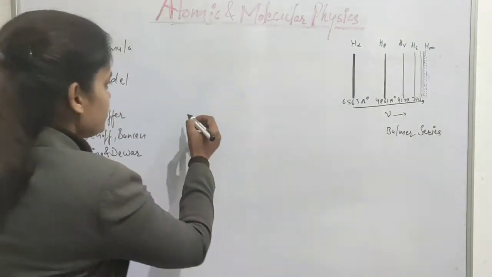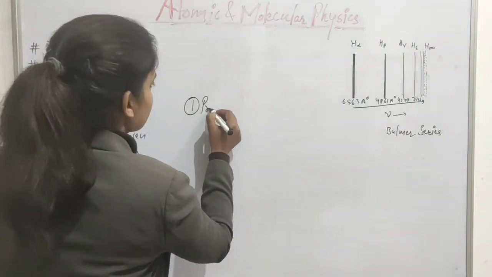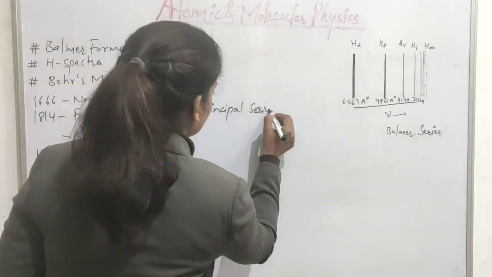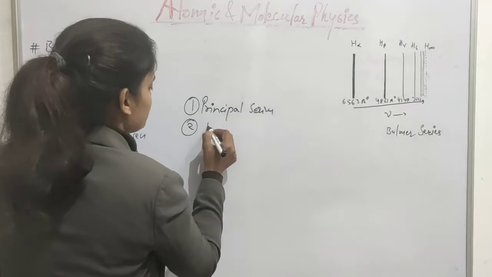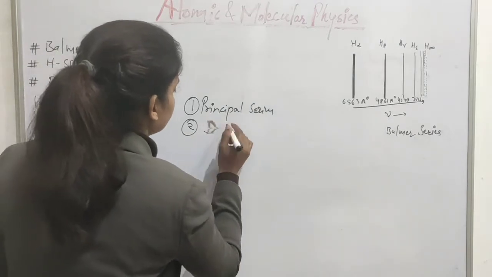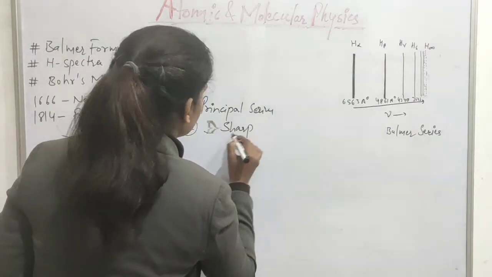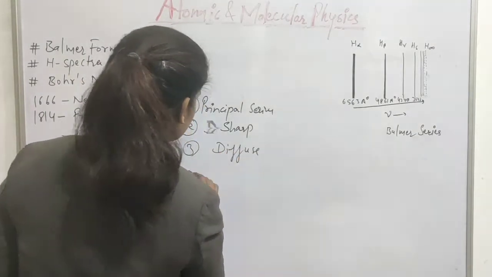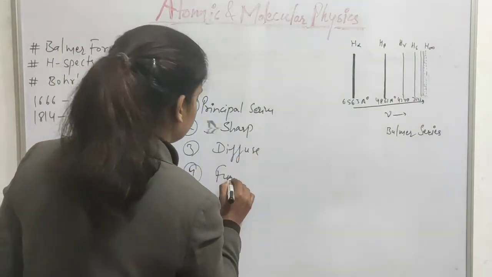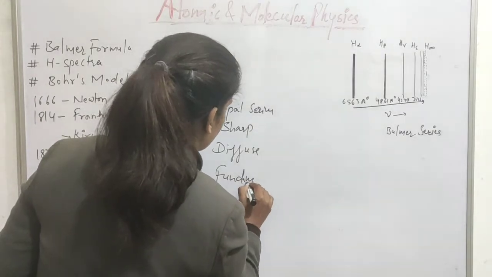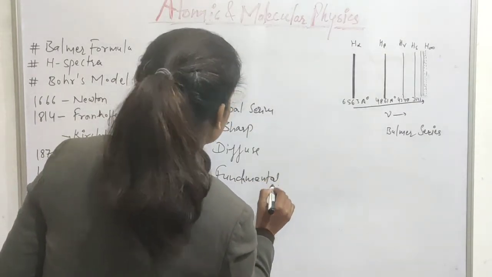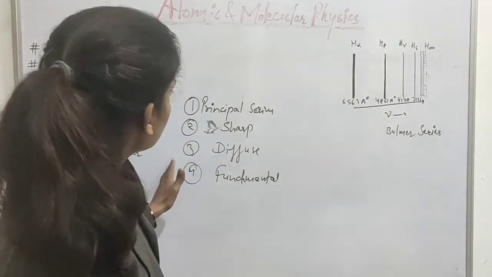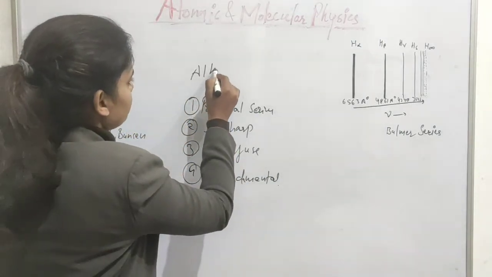These series were named the principal series, the sharp series, the diffuse series, and the fundamental series. So these series are categorized in the case of alkali atom spectra.